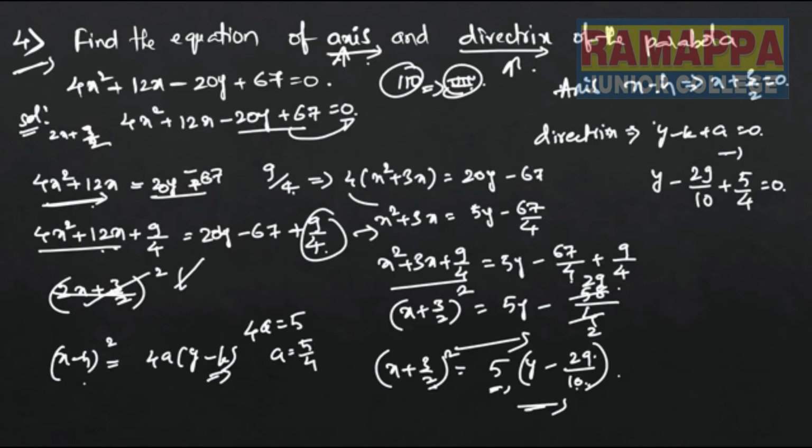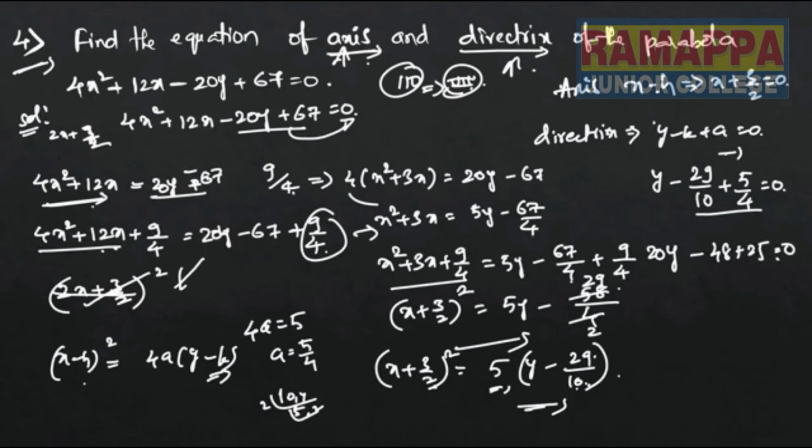If you want to take the LCM, do LCM of 10 and 4. 5 twos are 10, 10 twos are 20, so the LCM is 20. So 20y minus 58 plus 25 is equal to 0.